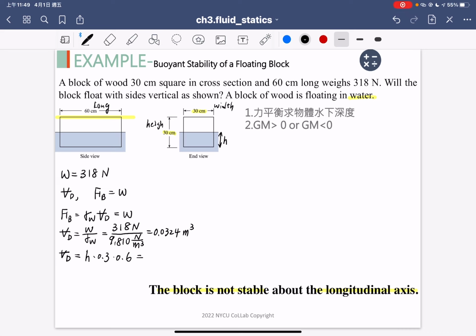So actually 0.18 H is our displaced volume, right?